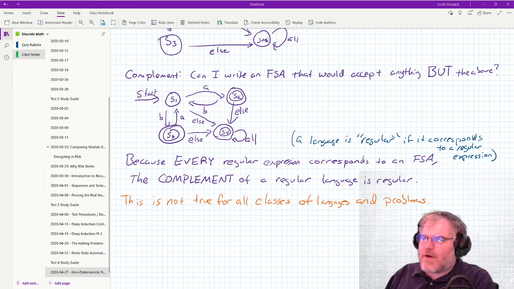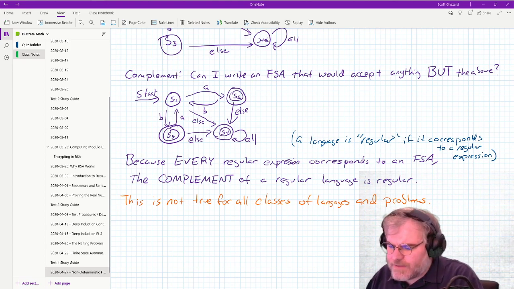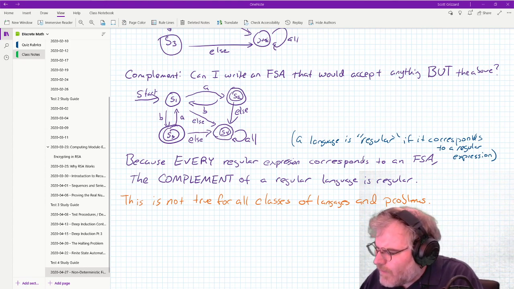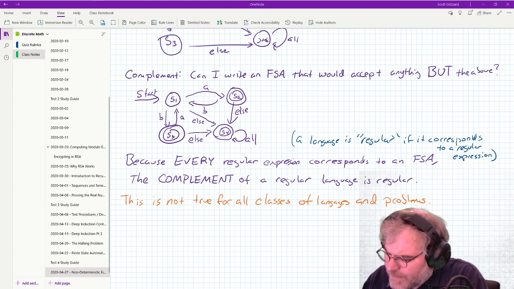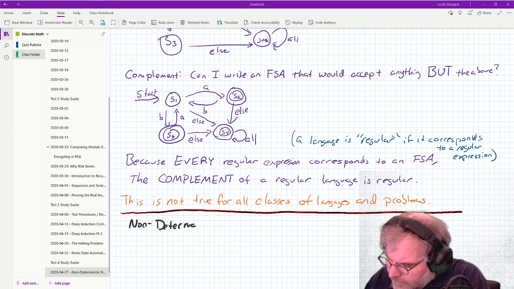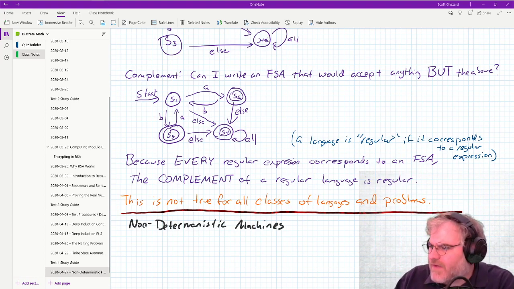Now, we had a question about this orbit, and we had some other questions about these regular expressions. Okay, so let's go in. Let's talk about non-deterministic machines. And this goes into all of these various things.